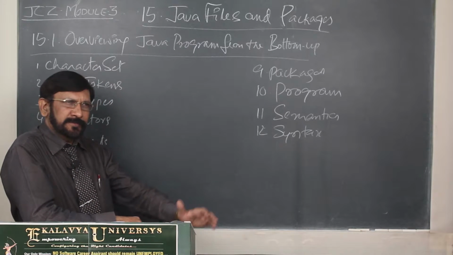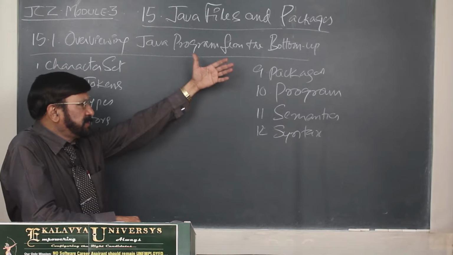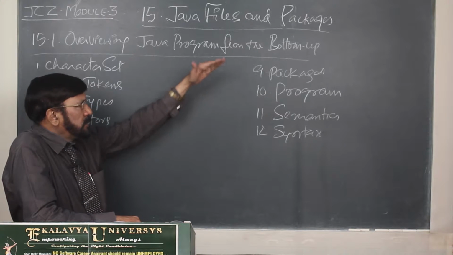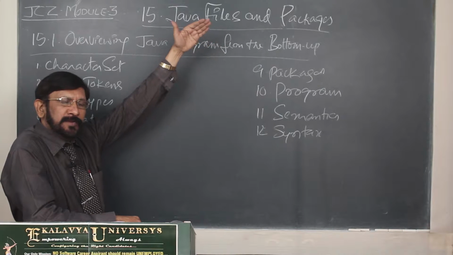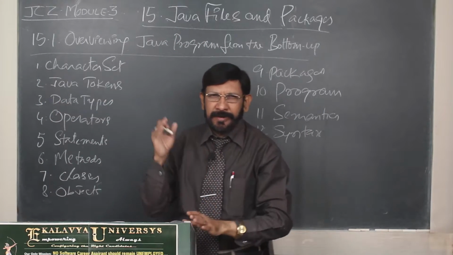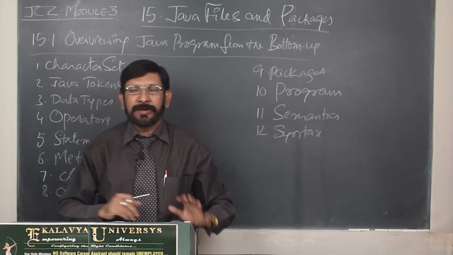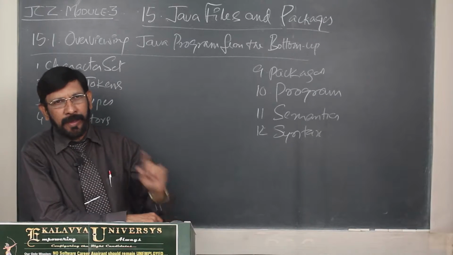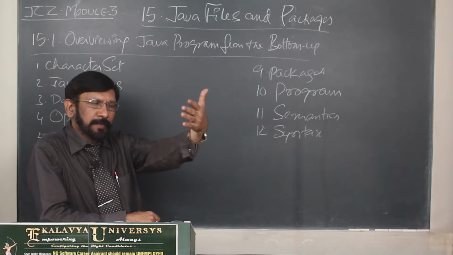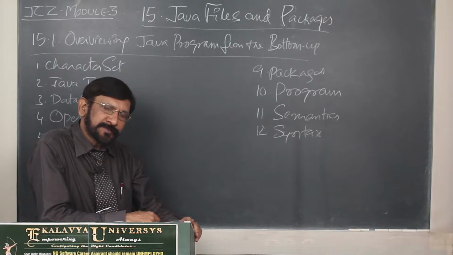Now, let us review the basic structure of the program from two angles. One is bottom up, the second one is top down. Then if any gaps are there in our knowledge, we can fill them up, and whenever we think of a Java program, a complete picture is visualized.